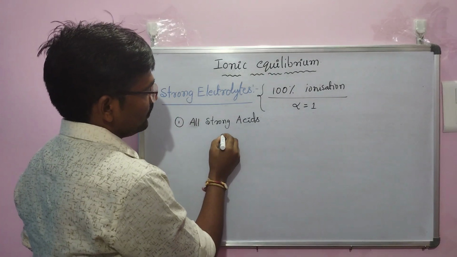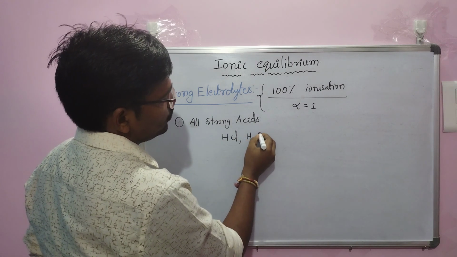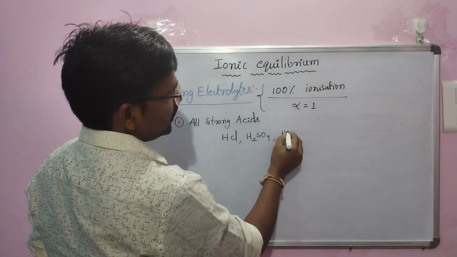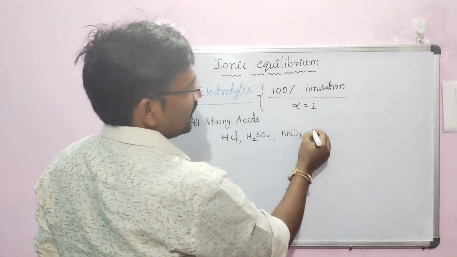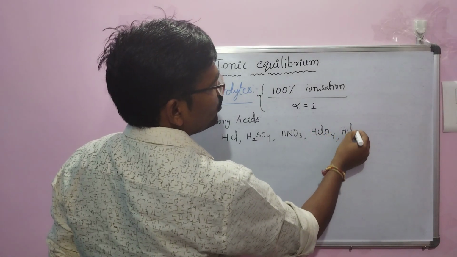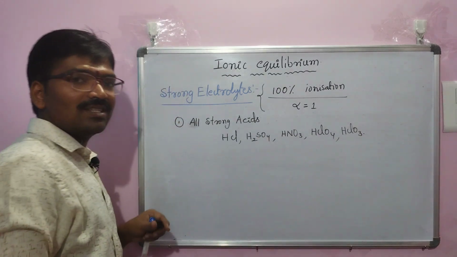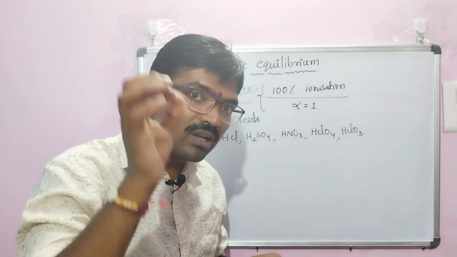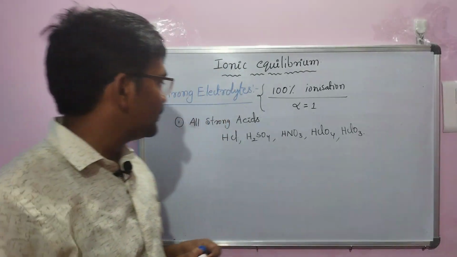For example, HCl, H2SO4, HNO3, then HClO4, HClO3. These all are strong acids. So all these strong acids are strong electrolytes only, because 100% ionization takes place.